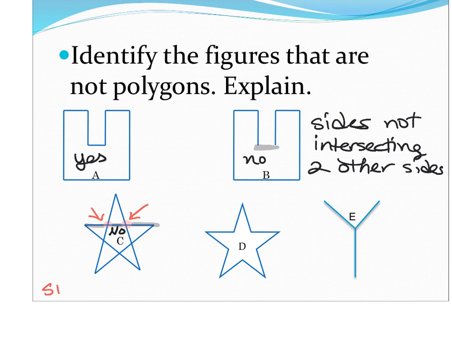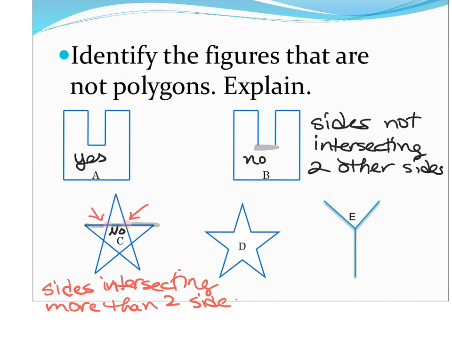Or you could say sides intersecting more than two sides. Can only hit it once. So like we couldn't have a side and then have a bunch of points on it, like this one. That's what makes it not a polygon.